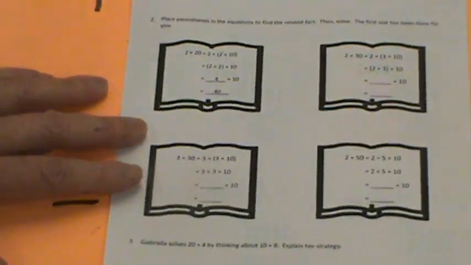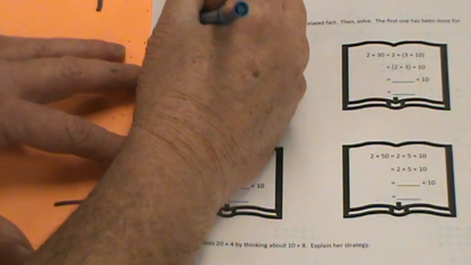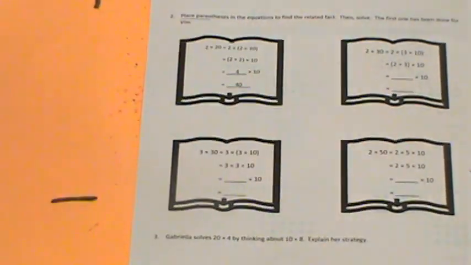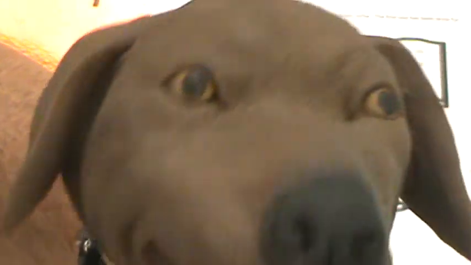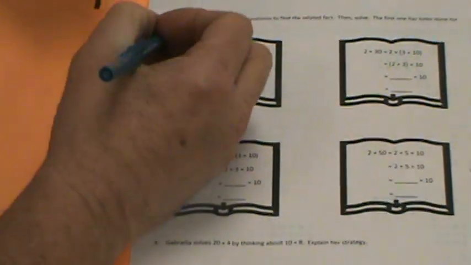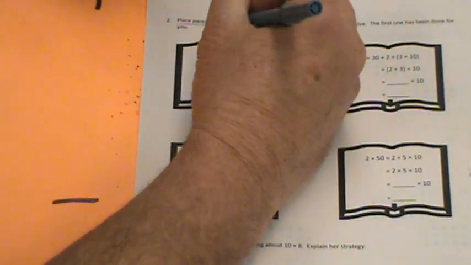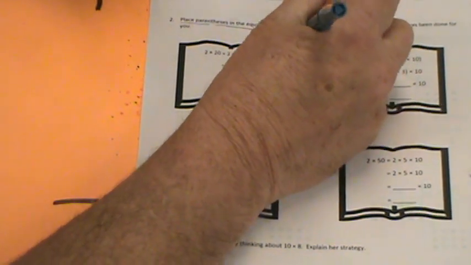Let's flip the page over. It says, place parentheses. Uh-oh, here he comes again. I heard you say parentheses again. You've been saying it so much. Can I help with this problem? Of course, Math Mutt. Why don't you read the problem to us, the directions? I like that very much. It says, place parentheses in the equations to find the related fact.